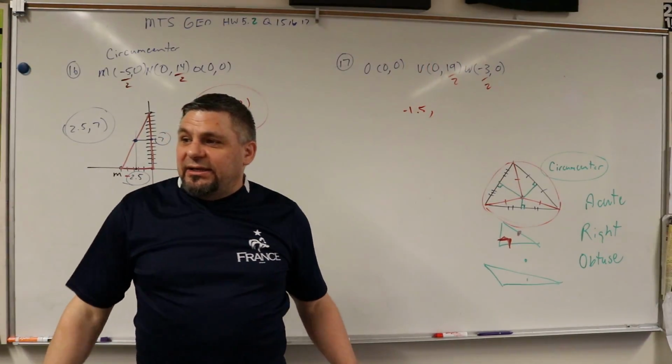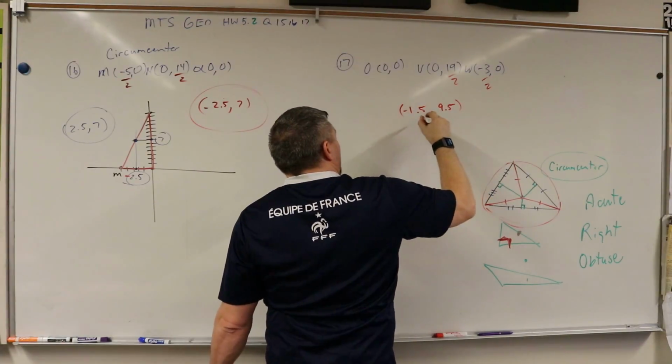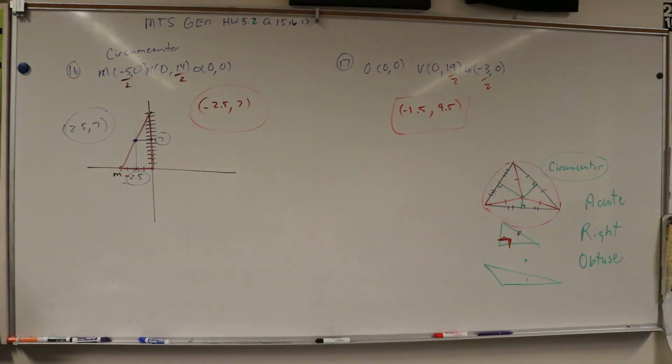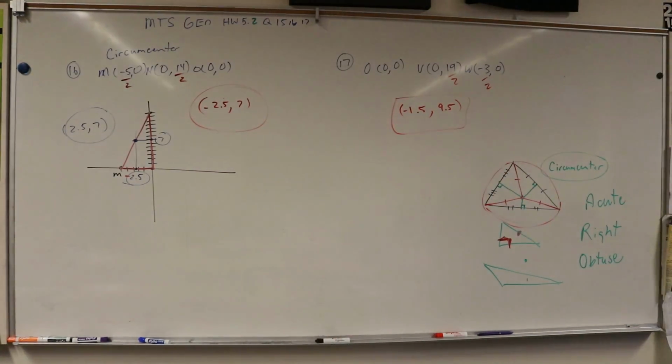What's half of 19? 8, 9. Done. That was a little easier. It looks hard because it's all in coordinates, but it's actually pretty easy. Does that make sense? Okay?